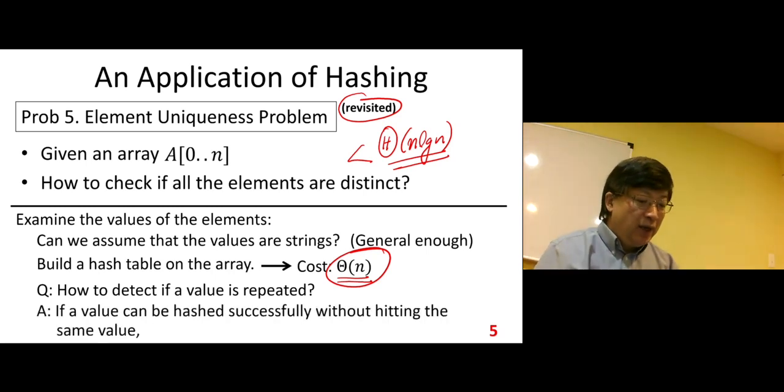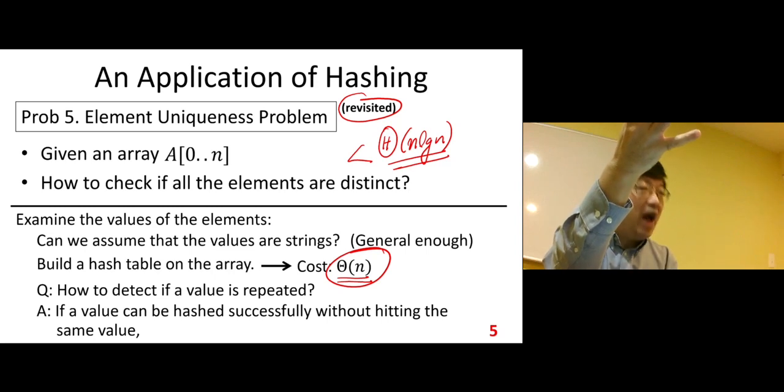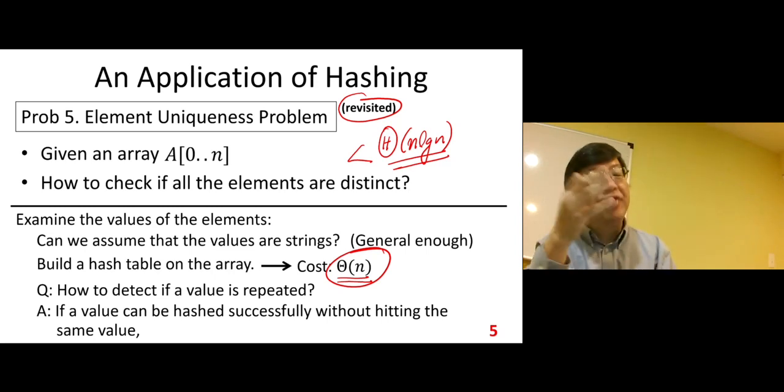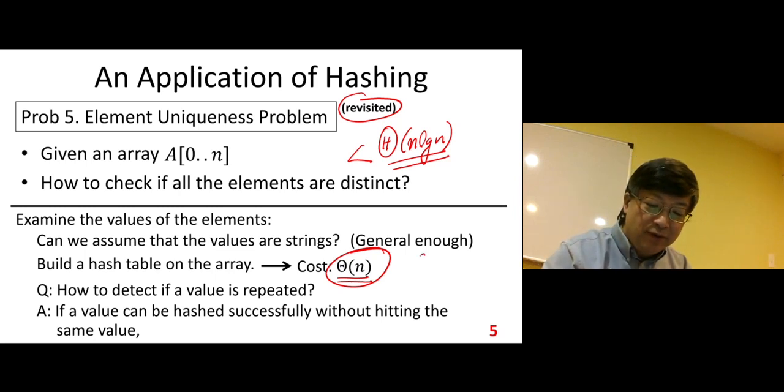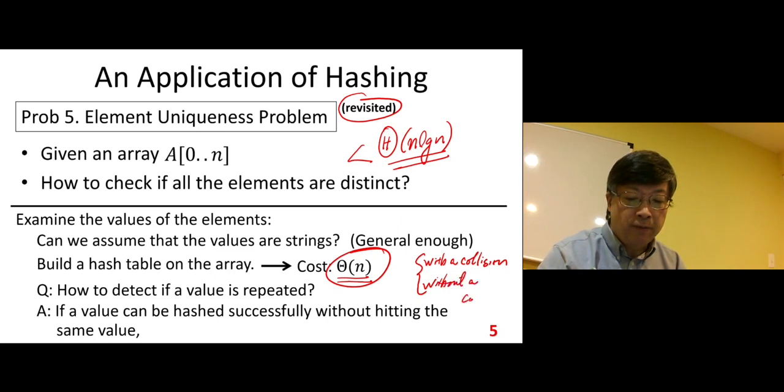If a value can be hashed successfully without collision, that's fine. So two cases: the first, with a collision; second, without a collision.